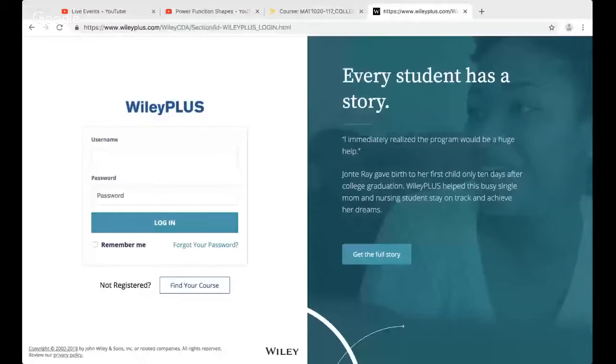Okay. So let me make sure I'm screen sharing with you guys here. Yeah, you don't want to look at my face while I'm doing this, do you? There we are. So I've pulled up the Wiley Plus website. I'm going to go ahead and log in.